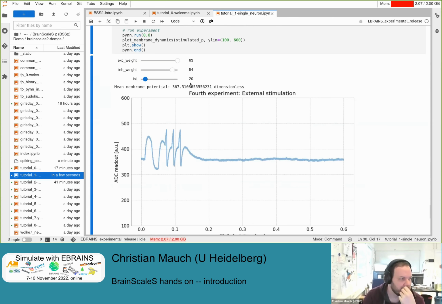I will give you some minutes to try this out, and then I will switch to my colleague, who will continue with the super spike learning rule example.